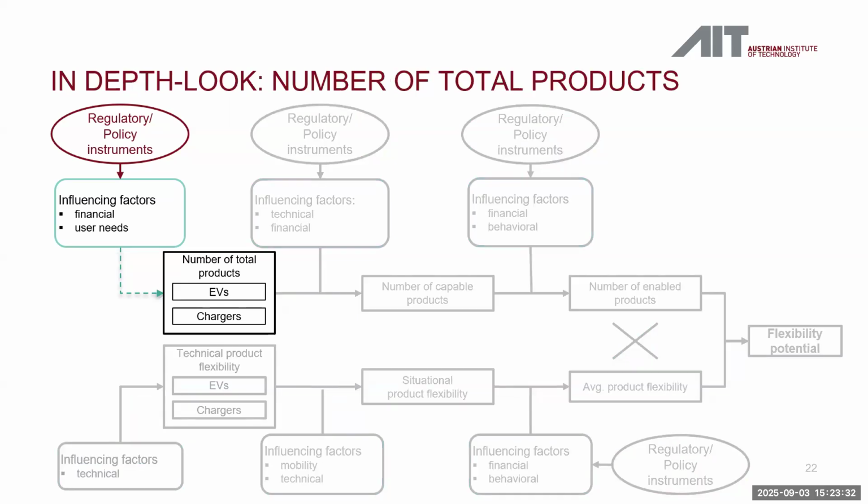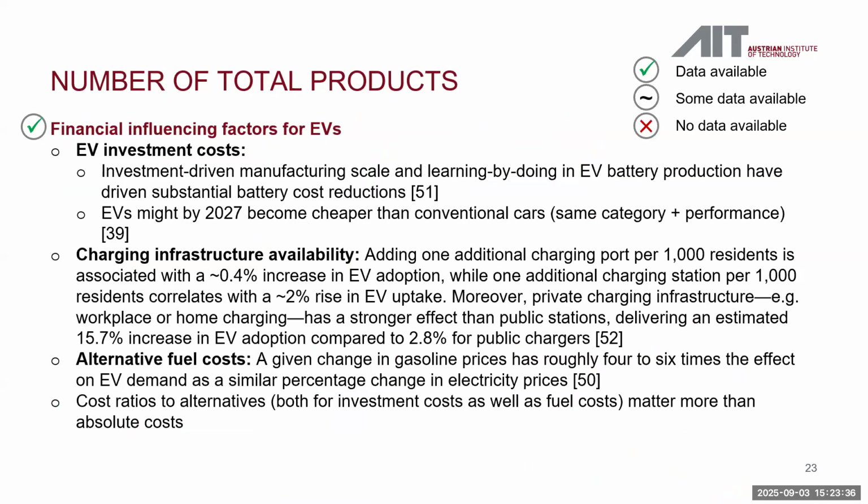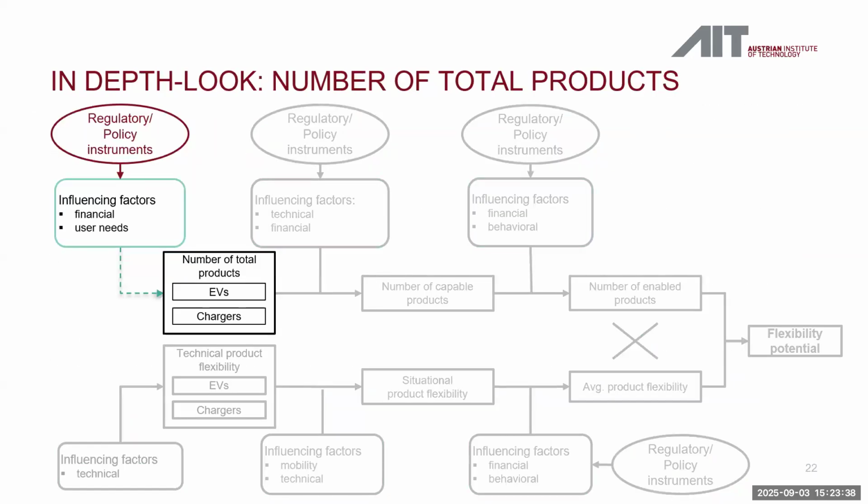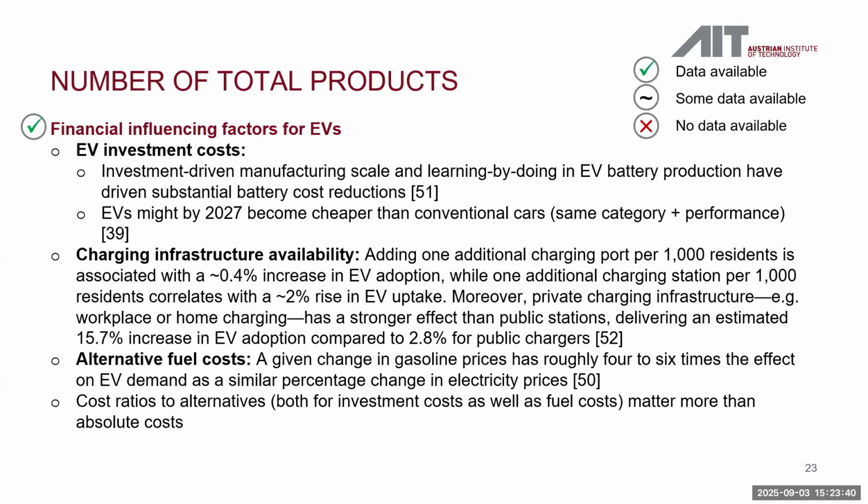Okay, the next slide, please. Then we will go through each of the components a little bit. So the first one, we will look at the total number of products. On the next slide, we see here that we are considering some major points when it comes to estimating the number of EVs. First of all, of course, what are the costs for the EV?